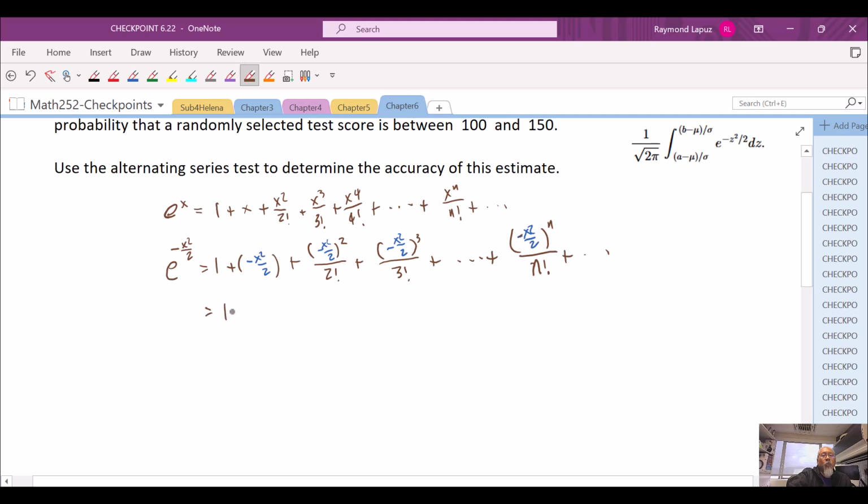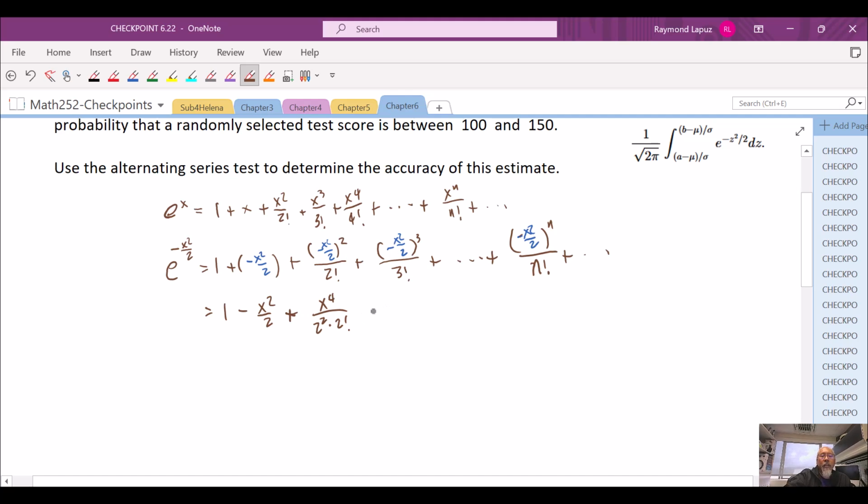So we will have 1 minus x squared over 2 plus, I will have a positive x to the fourth over 2 squared times 2 factorial. Again, I'm not going to multiply that out just yet so I can feel the pattern happening.